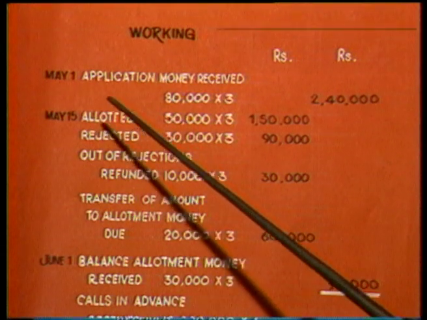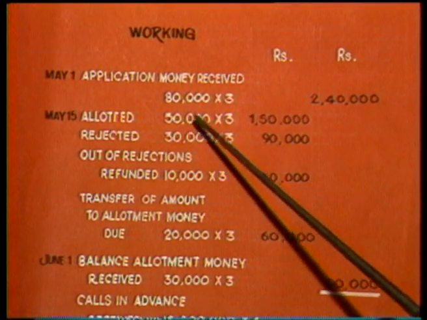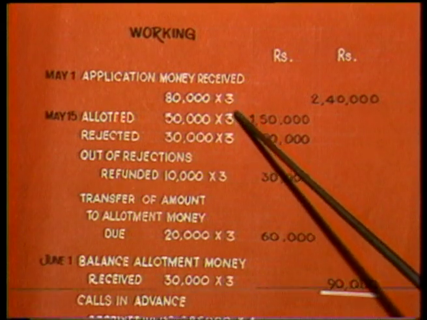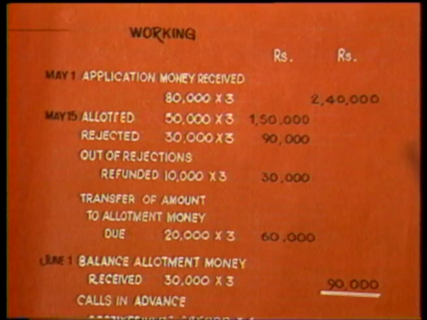Now, let us look at the preliminary summary that it will be desirable for us to make before we start recording the journal entries. This is provided in the table. On 1st May, application money received on 80,000 shares at 3 rupees per share, rupees 2,40,000.